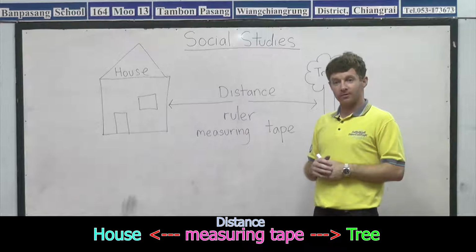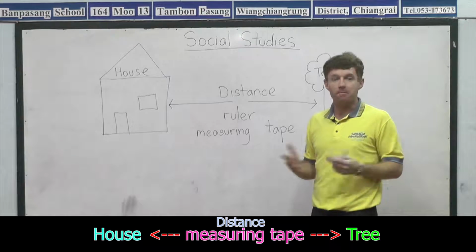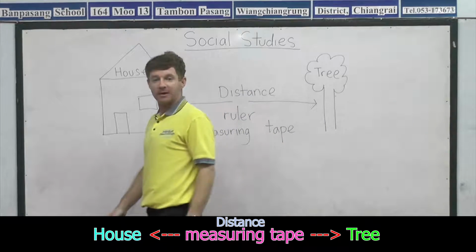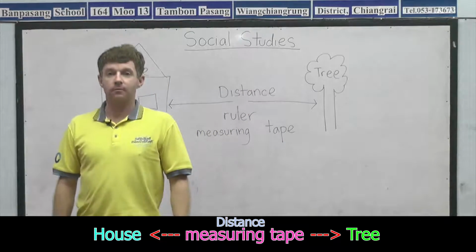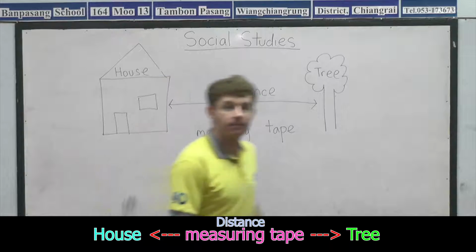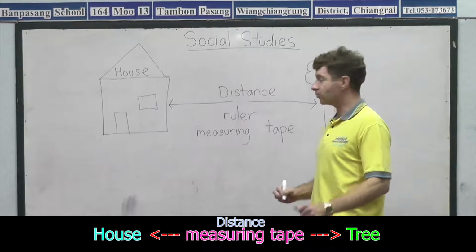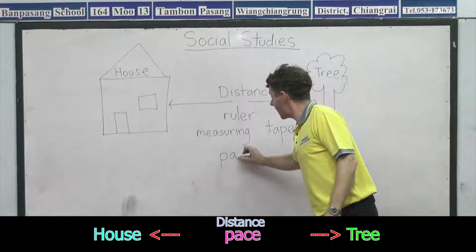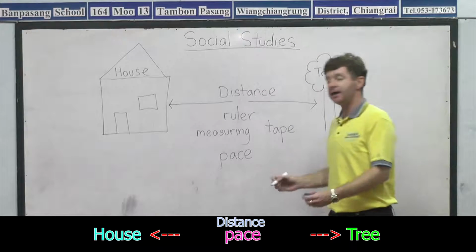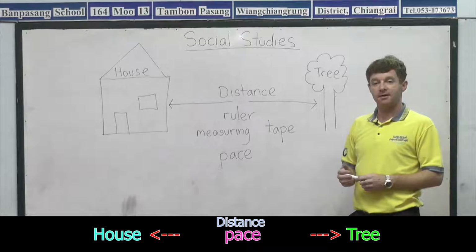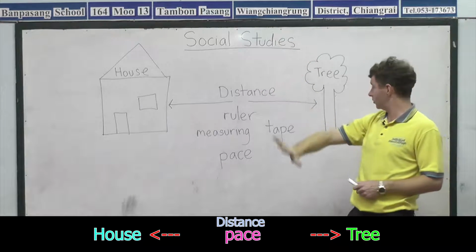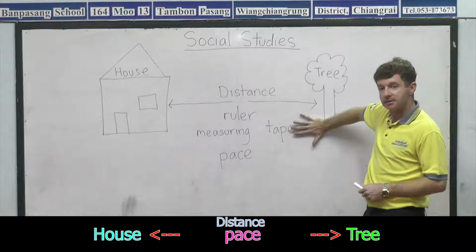Before we had rulers, before we had measuring tapes, people would measure distances by doing something that is called a pace. Okay, so we have pace. P-A-C-E. Pace.